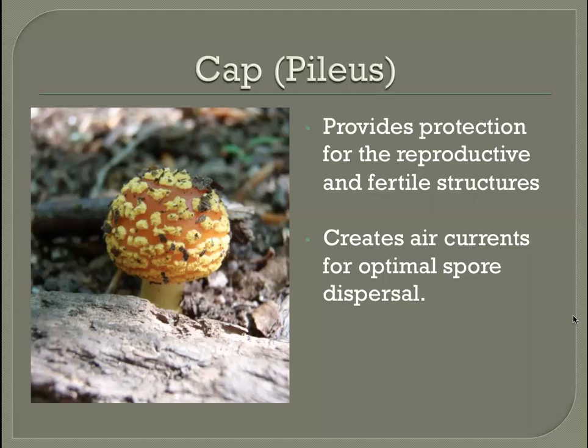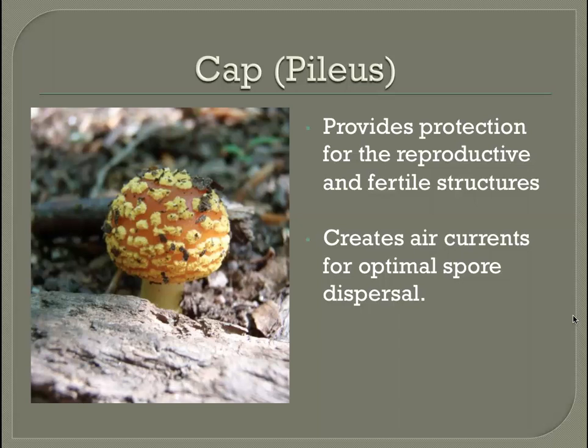It's the container, and it also creates a wind current, a micro wind current around the cap, whereby when the spores are ejected from below the cap as it opens up, the air current kind of is faster along the surface of that mushroom cap, and it propels the spores a little further.